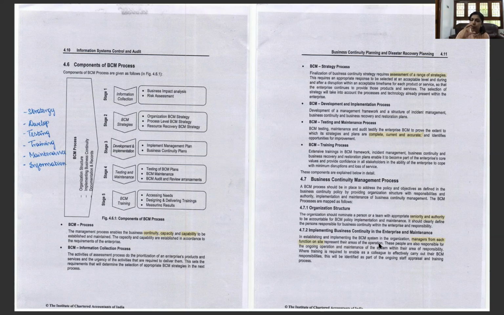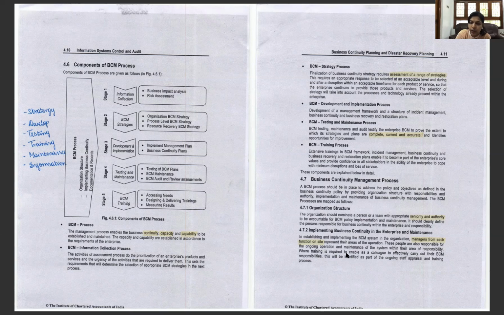So the management from each function site should represent their areas of operations. This is like the next tier level. These people are also responsible for the ongoing operation and maintenance, because it should be evolving with the needs. As the need is evolving, they should also evolve.